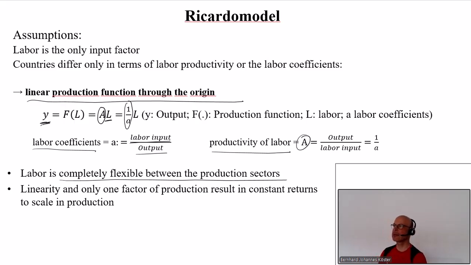He is as good at producing good A as at producing B. And since we have this linear production function, we also directly see that we have constant returns to scale.